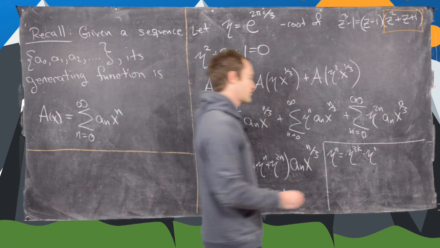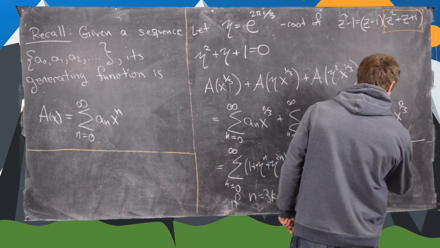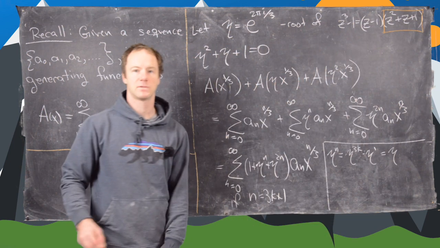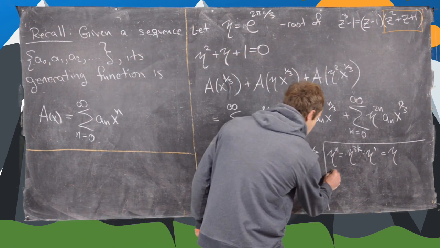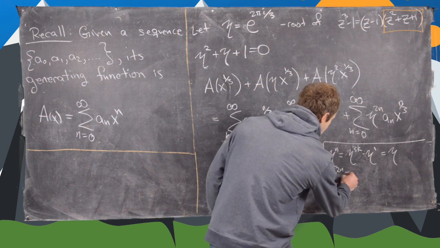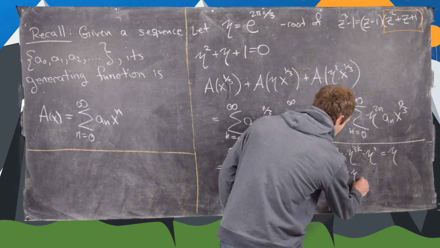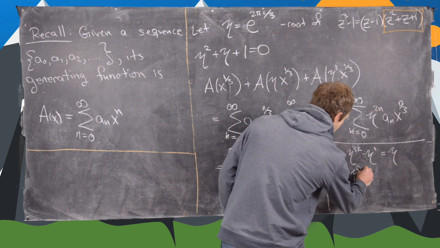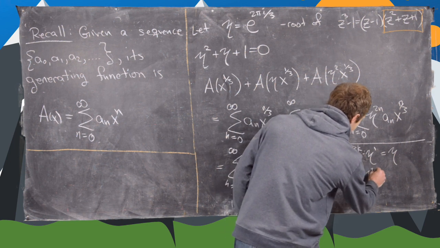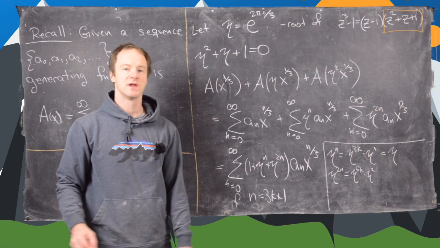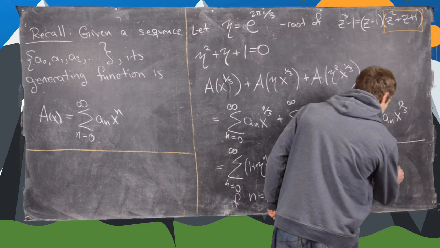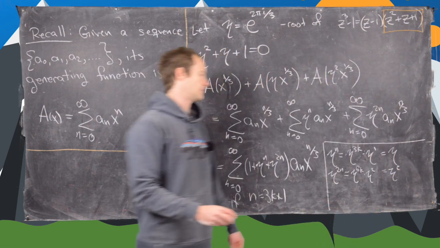But eta to the 3k is equal to just eta. Great. But now that means eta to the 2n is equal to eta to the 6k times eta squared. But now that's going to be just eta squared.